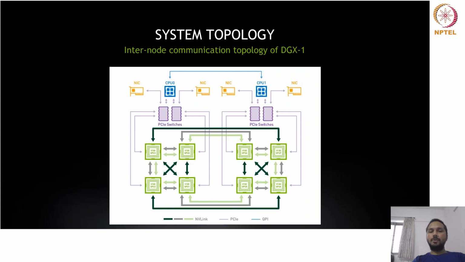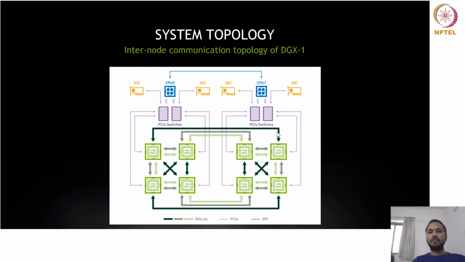We saw a particular system architecture, which I explained in the last call, which is one of the NVIDIA systems called NVIDIA DGX. The NVIDIA DGX system consists of two CPUs, CPU 0 and CPU 1. It consists of a couple of PCI switches, and it also has 8 GPUs.